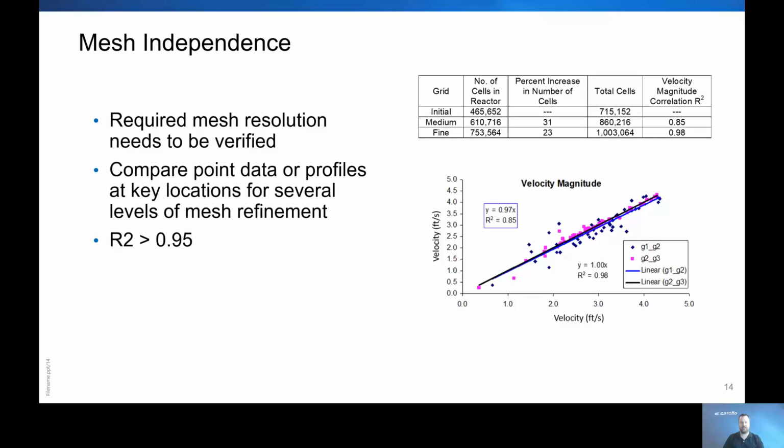When we further refine it between the medium and the fine and compare the same locations, we find that the R squared is 0.98, so the solution hasn't changed very much going from this medium to fine condition, and therefore we would conclude that the medium mesh is sufficiently refined for our problem.